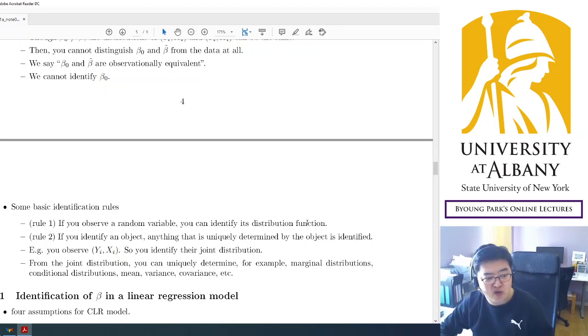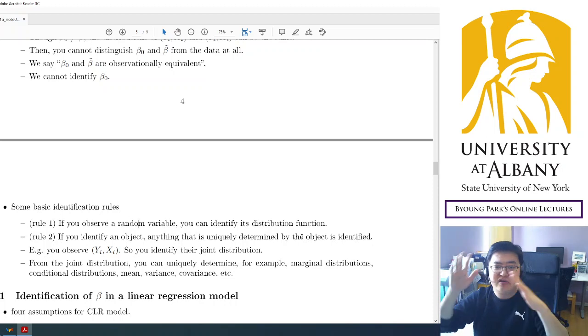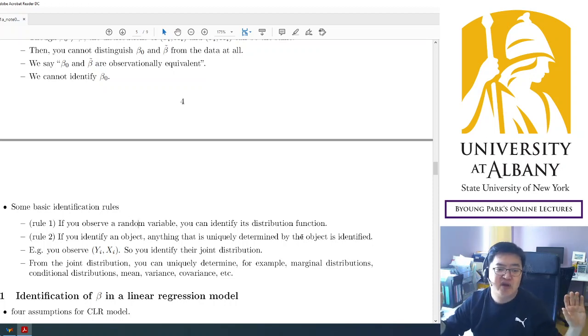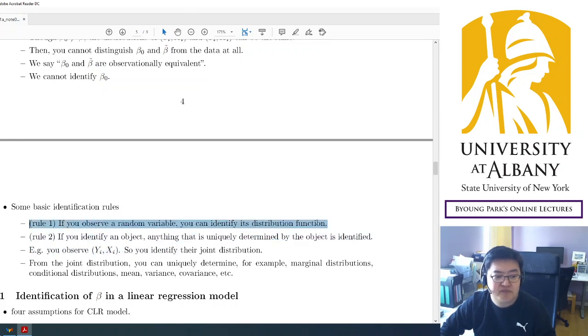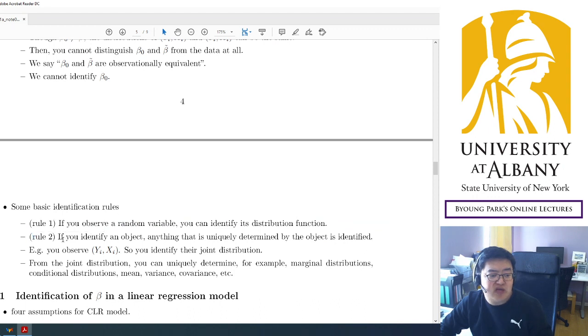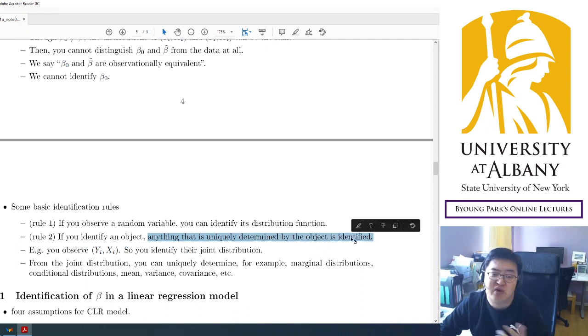So you observe a random variable an infinite number of times, and if you make a histogram, then if the sample size is infinity, the histogram will converge to its distribution function. So it's obvious. And rule number 2: suppose that you identify an object, then anything that is uniquely determined by the object is also identified.